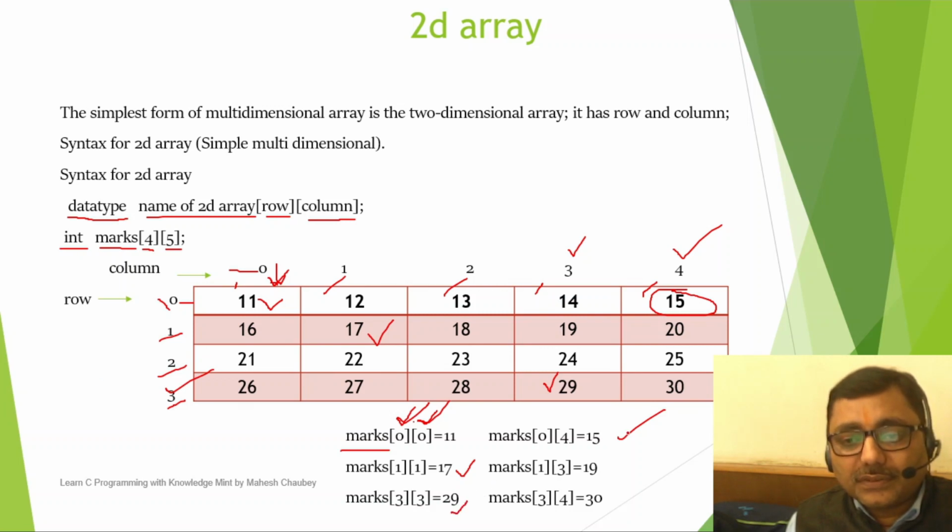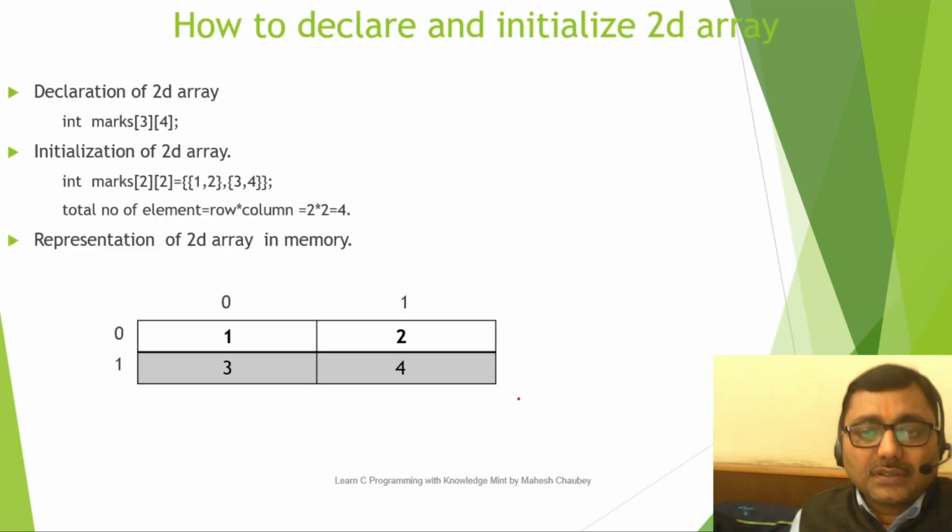Similarly, with row index 1 and column index 3, I will be able to find this 19. Similarly, 3 4, row number 3 and column number 4, we are able to find this, right?